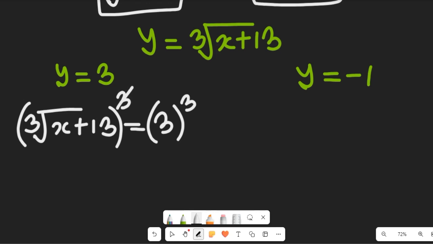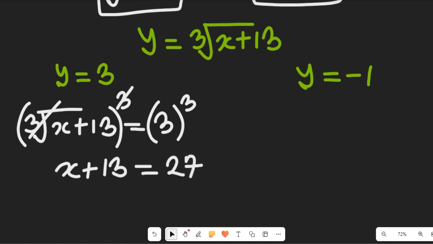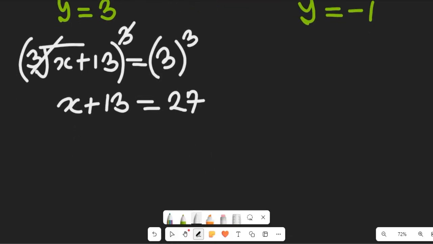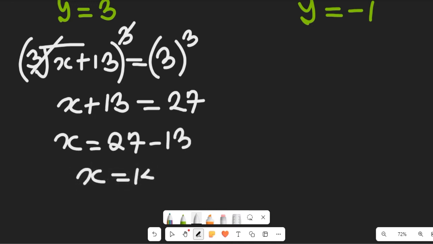Cube root would clear the cube, and then we'll be left with x plus 13 to be equal to 3 to the power of 3, which is 27. Then from here, the value of our x will be equal to 27 minus 13, which gives us x equal to 14. Good. So that is the first solution for the value of x.